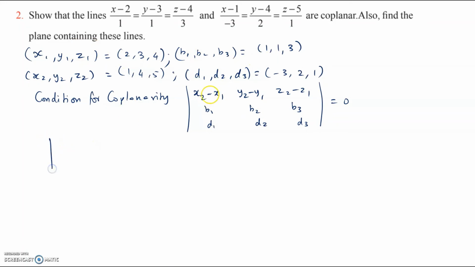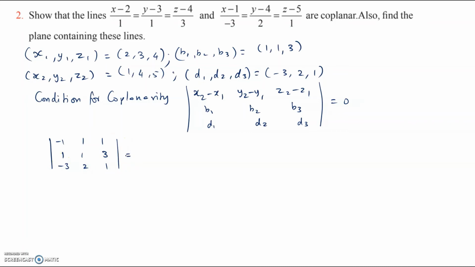The left hand side here would be x2 minus x1 is 1 minus 2, which is minus 1. Similarly, y2 minus y1 will be 1, 1. Then our b1, b2, b3 is 1, 1 and 3. And our d1, d2, d3 is minus 3, 2 and 1.